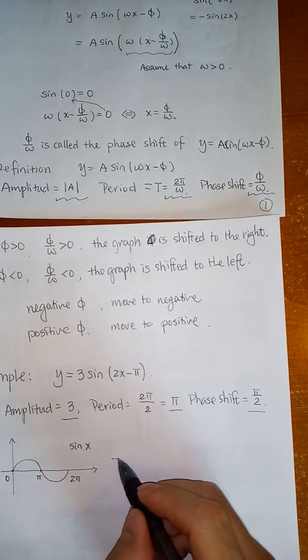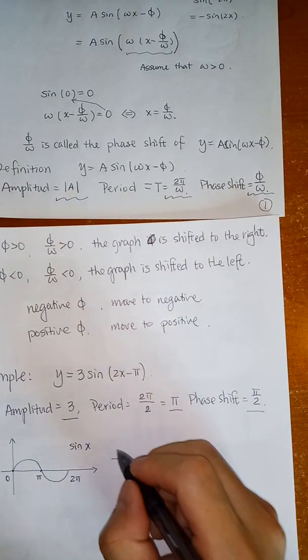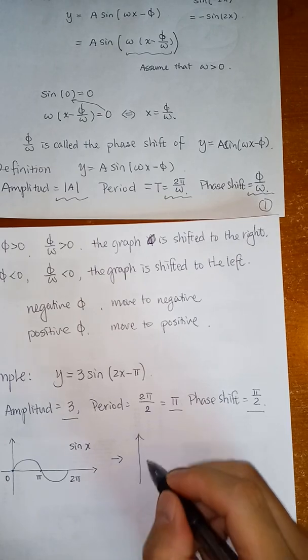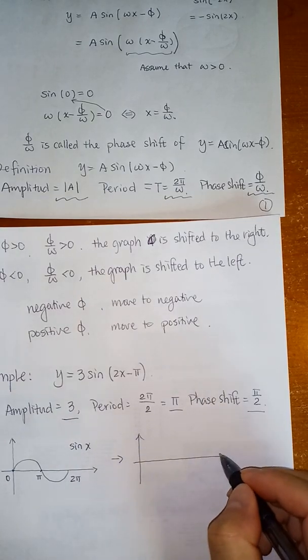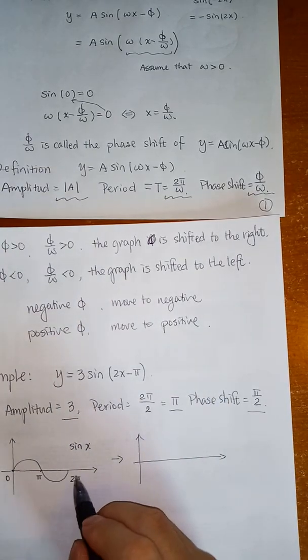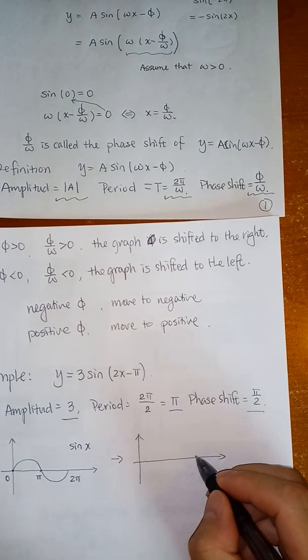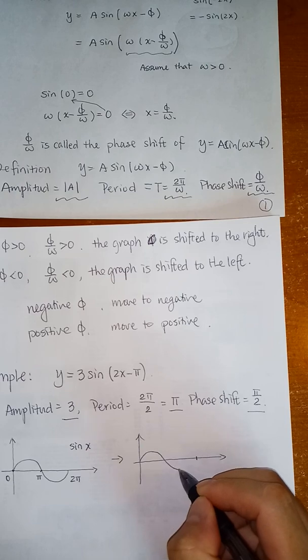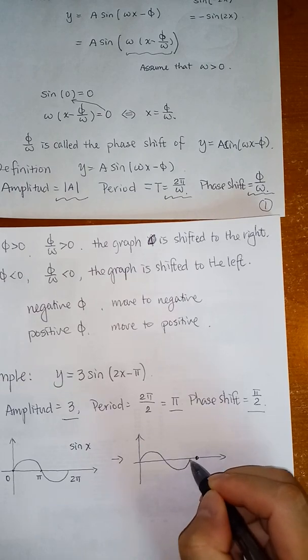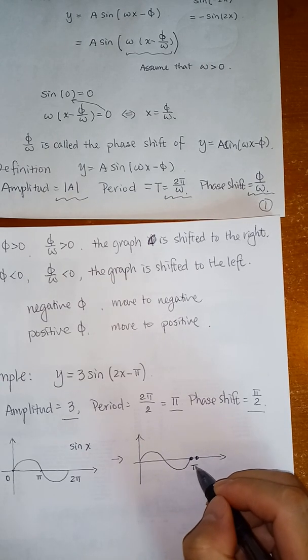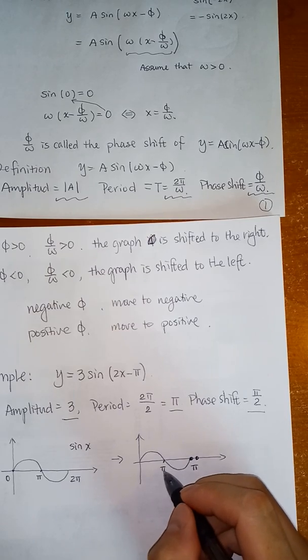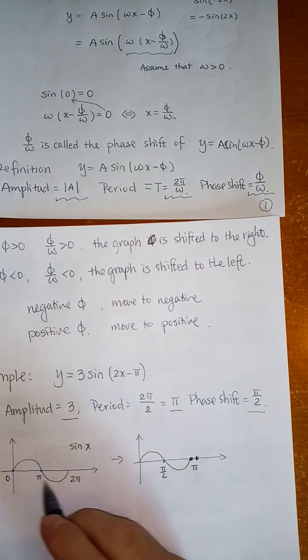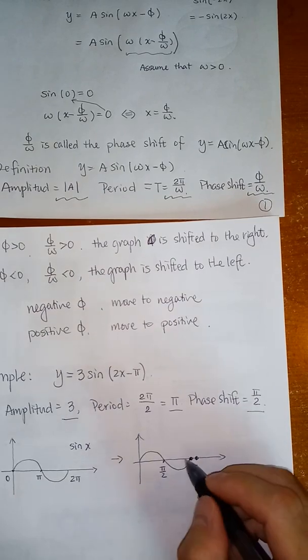And you apply the period. The period becomes pi, so you just replace 2 pi by pi. Sorry, that's bad. Not here. Here. Replace 2 pi by pi. And this midpoint is pi over 2. It's always half. Here's 2 pi, this is pi. Here's pi, this is pi over 2.